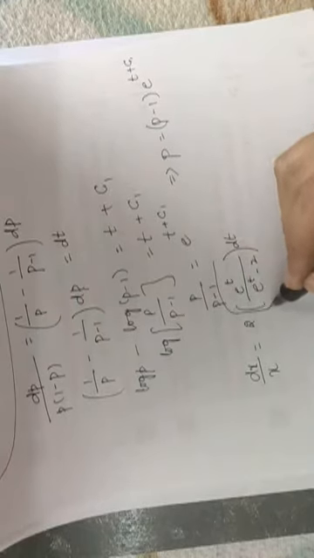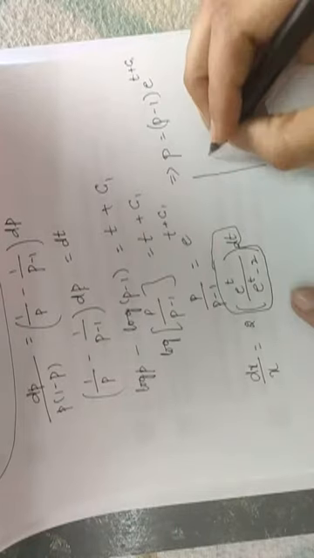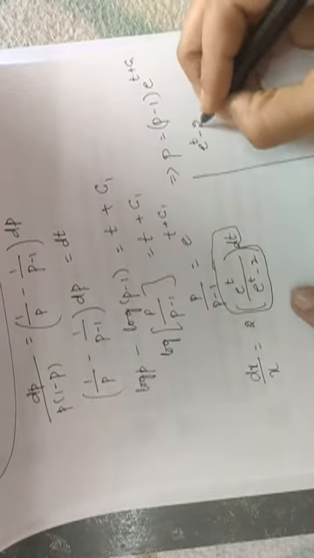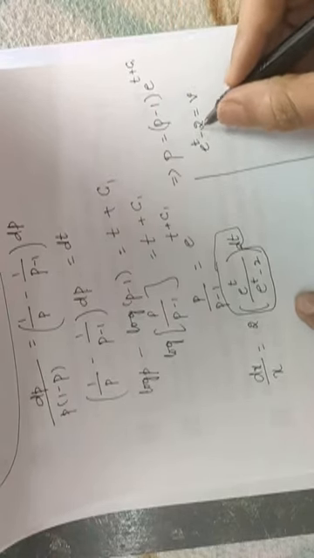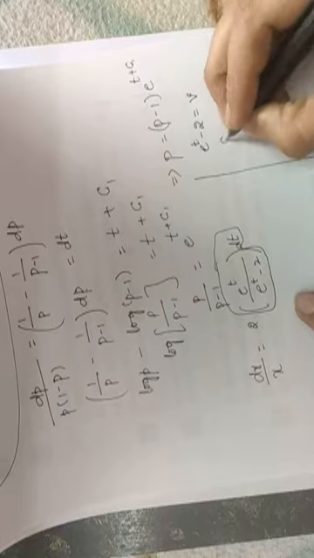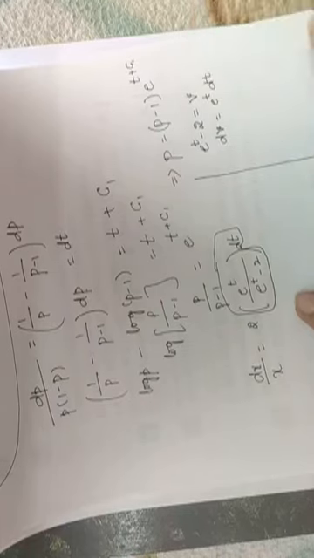In order to integrate this part, I will use the substitution method. Okay, so I will consider e power t minus 2. I will substitute v in the place of e power t minus 2. So what is dv then? dv is e power t into dt.